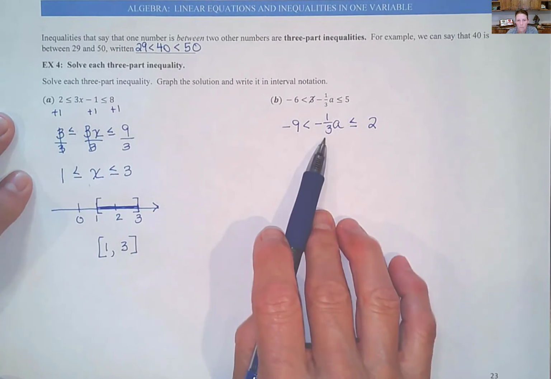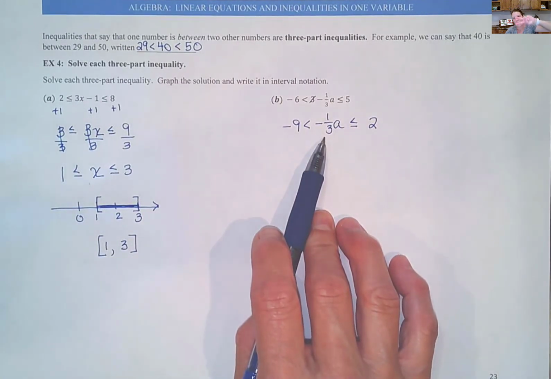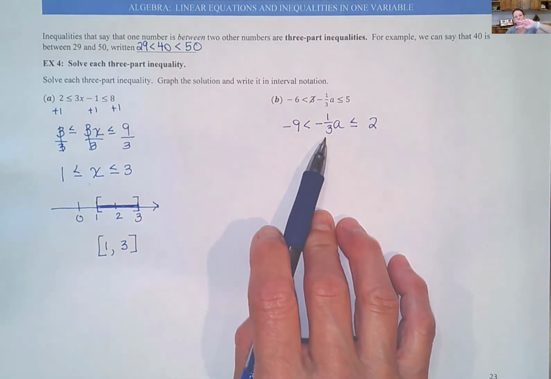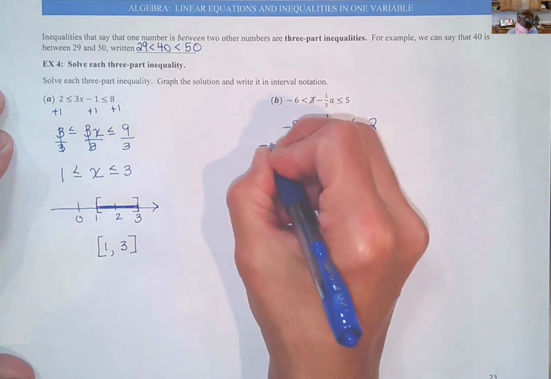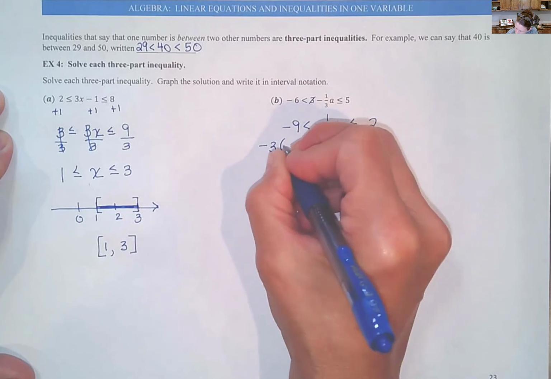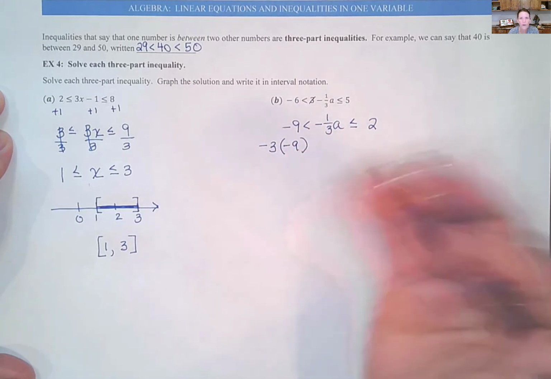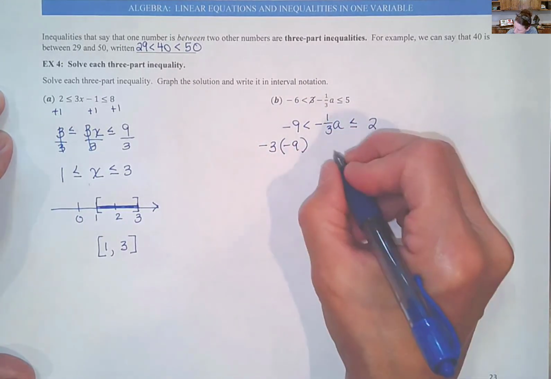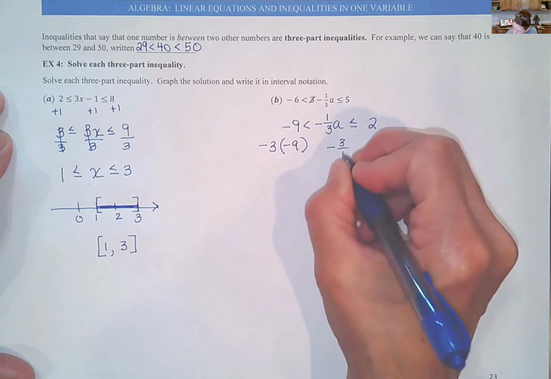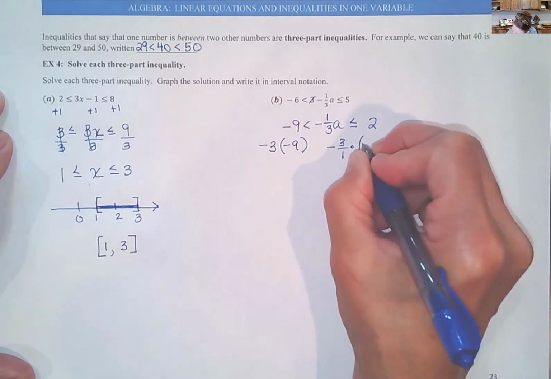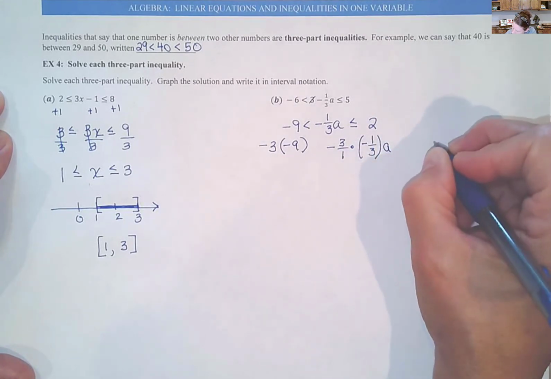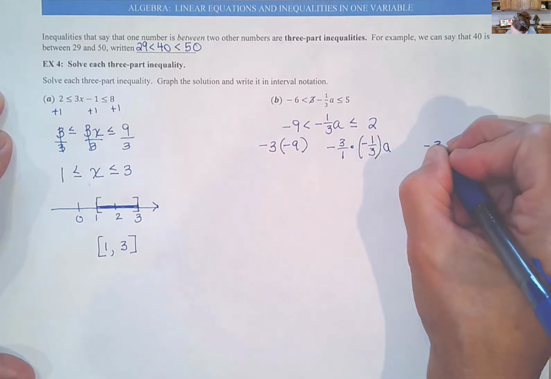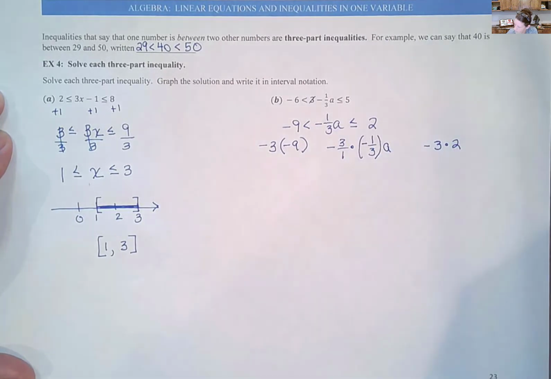Next step, we're going to multiply each piece by negative 3 over 1, which is the reciprocal of negative 1/3. So negative 3 over 1 and negative 3 are the same thing. In the middle, negative 3 over 1 times negative 1/3 a, and on the right, negative 3 times 2.